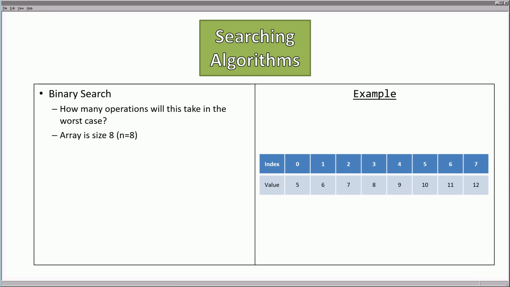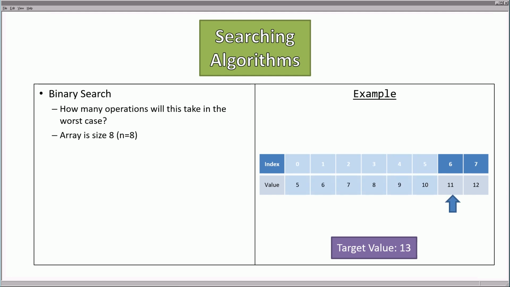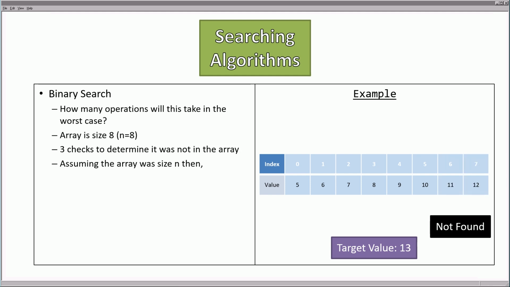So if we start here, we compare it. 13 is greater than 8, so then we split. 13 is greater than 10, so we split. 13 is greater than 11, split. 12 is less than 13, and now we're outside of the array, and it was not found. Comparing and splitting took roughly 3 operations to determine this. Now, if we assume this array was size n, what is a function that we can use to describe it?